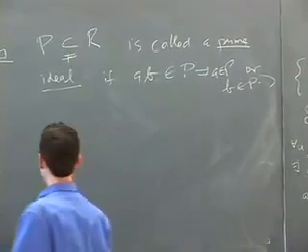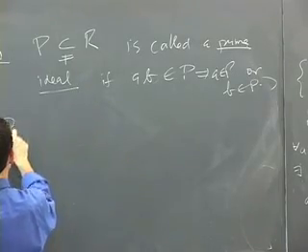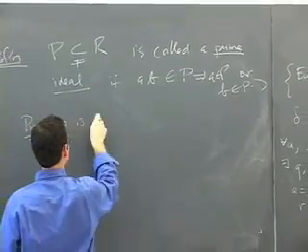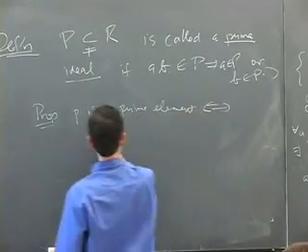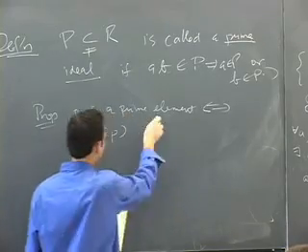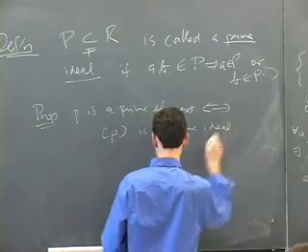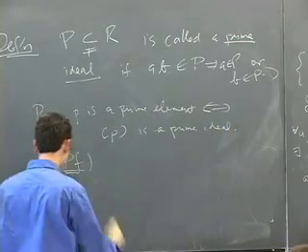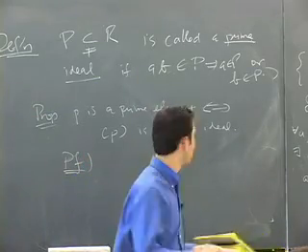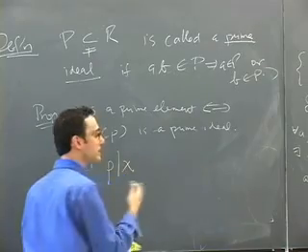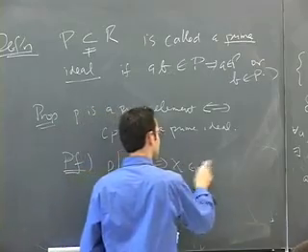Now, why is this a generalization of the notion of prime element? Well, it shouldn't be hard to see that p is a prime element if and only if the principal ideal generated by that element is a prime ideal. What's the main reason that's true? The statement that p divides something is the same as saying that that element is in the ideal generated by p.